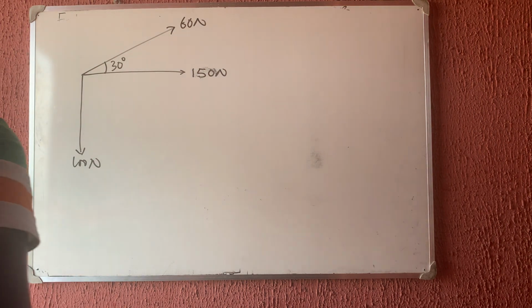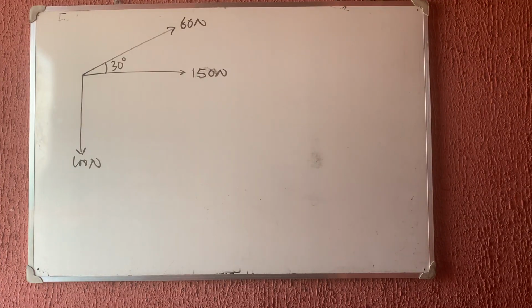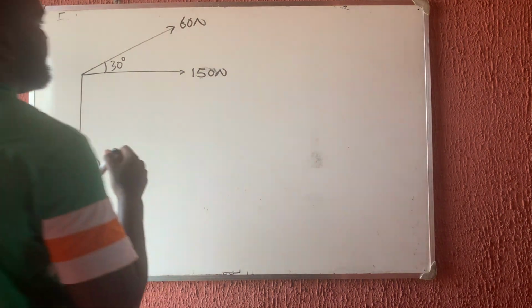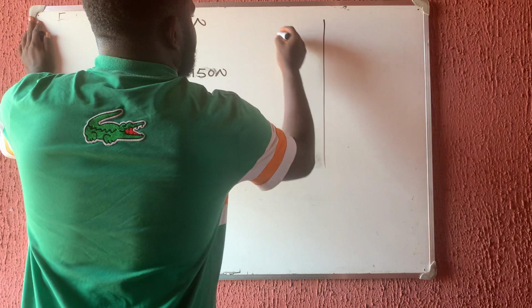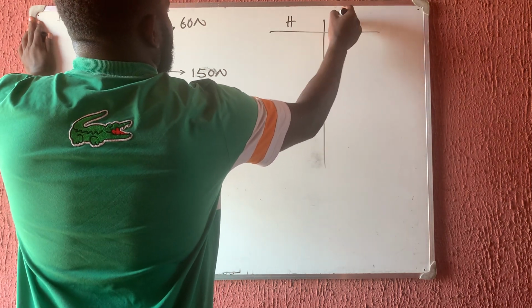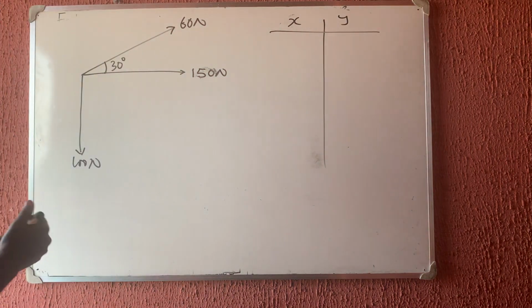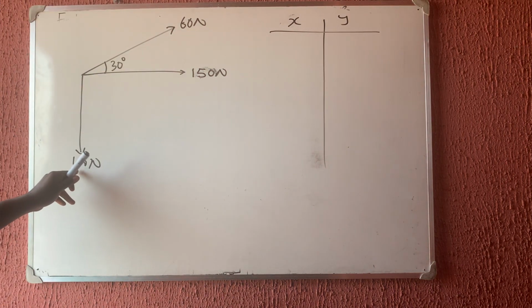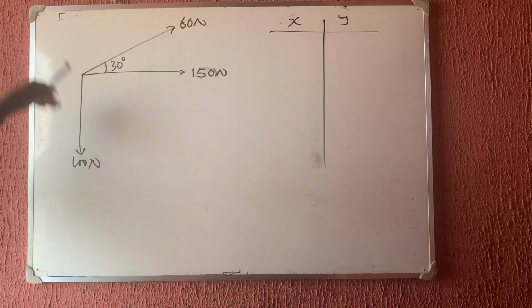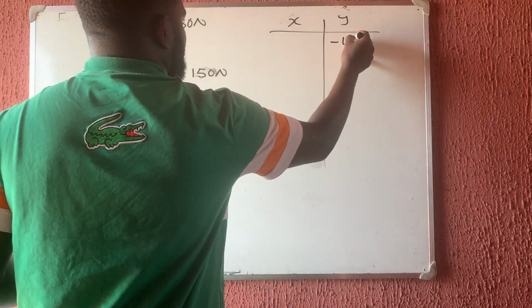Right? Now, to determine the resultant of these vectors, let us analyze it via resultant of vectors. So this is a horizontal, this is x-axis, and this is y-axis. Now, to resolve this one in the y-axis is negative, so it's going to be minus 100.